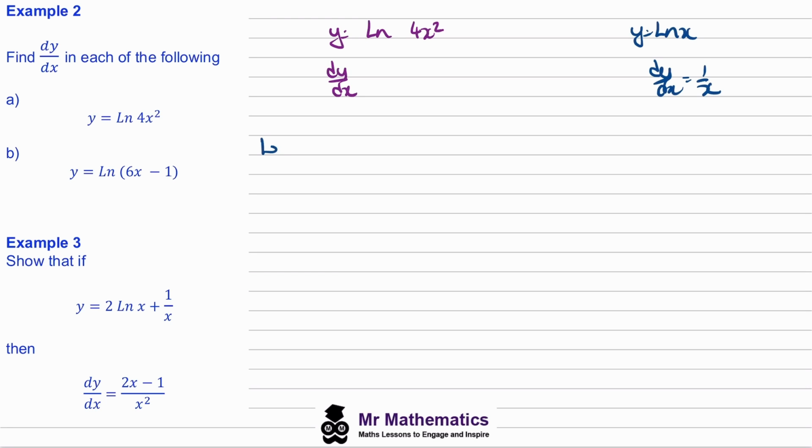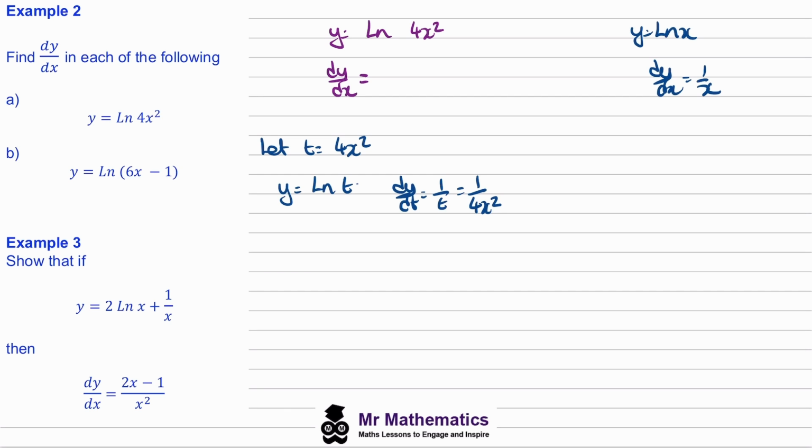We can say let t equal 4x squared. Then we'll have y equal the natural log of t. And we know that dy by dt will then be 1 over t, which is 1 over 4x squared. But what we want is dy by dx.